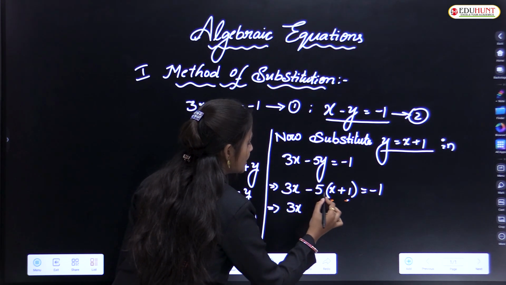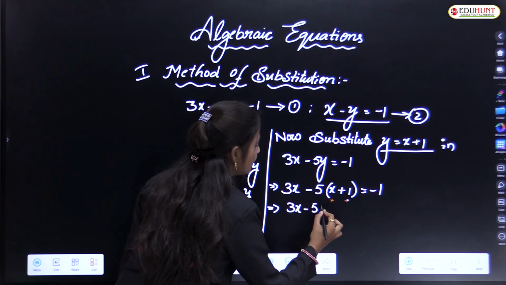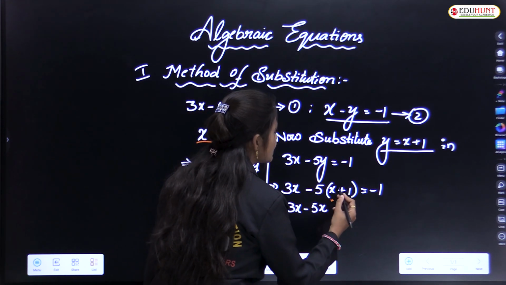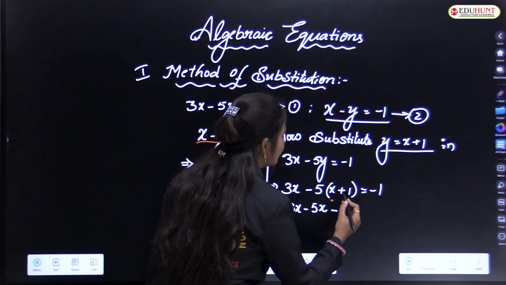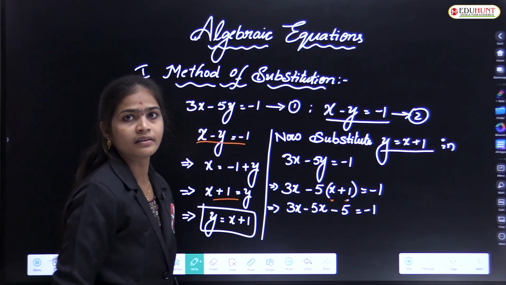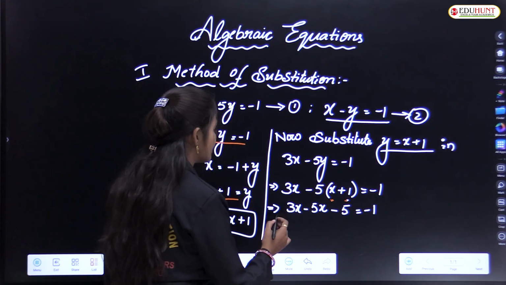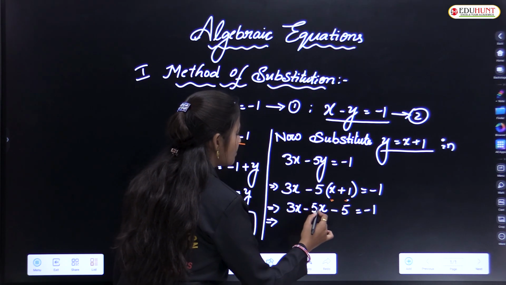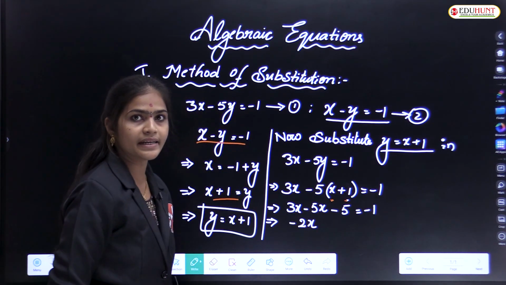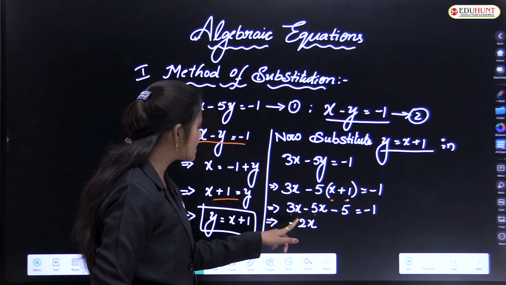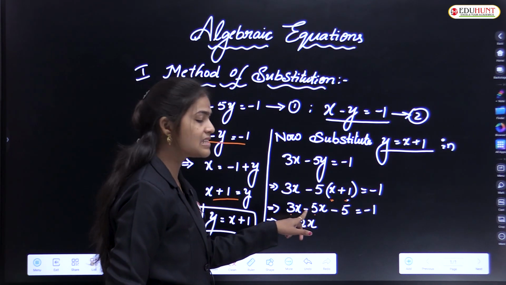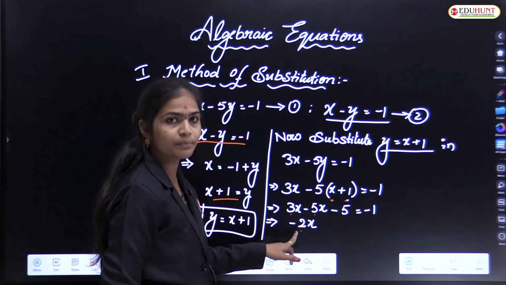Is it clear? Now simplify this. 3x minus, minus into plus is minus, 5 into x is minus 5x. Next, minus into plus is minus, 5 into 1 is 5, equals minus 1. So here 3x minus 5x is minus 2x. 5 minus 3 is 2, and the greatest value is 5x, which has the negative sign, so we keep that negative sign.